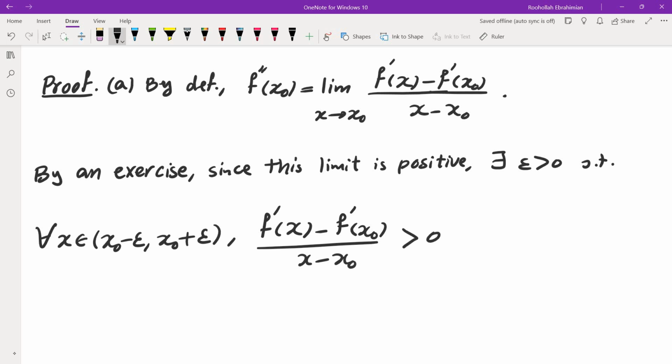The reason is that the second derivative is positive, which means the limit is positive.